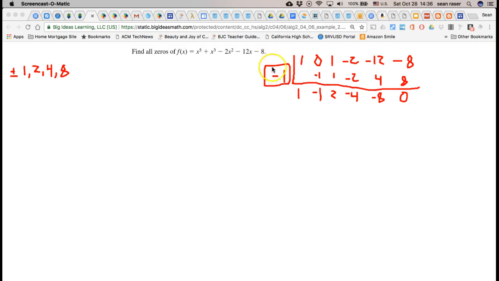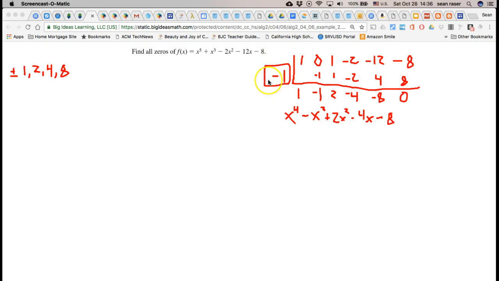So when we divide by x plus 1, we get x to the 4th minus x cubed plus 2x squared, minus 4x, and then minus 8. So right here, this is our new polynomial.